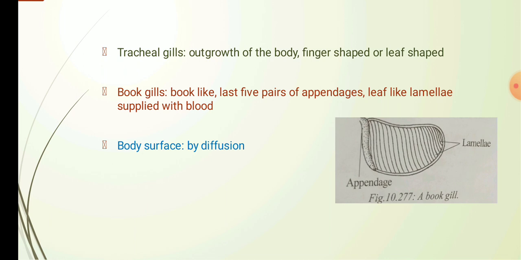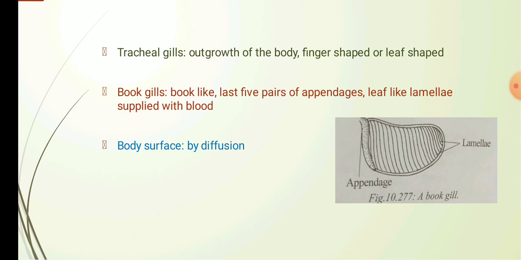The next one, which I have not mentioned, is the blood gills, B-L-O-O-D, G-I-L-L-S. These are the gills of insect larvae supplied with blood, and they do not have a trachea.